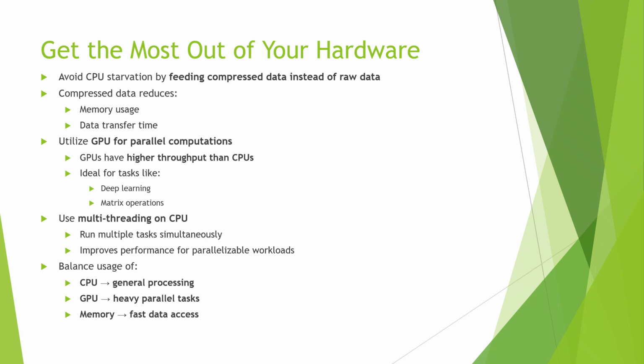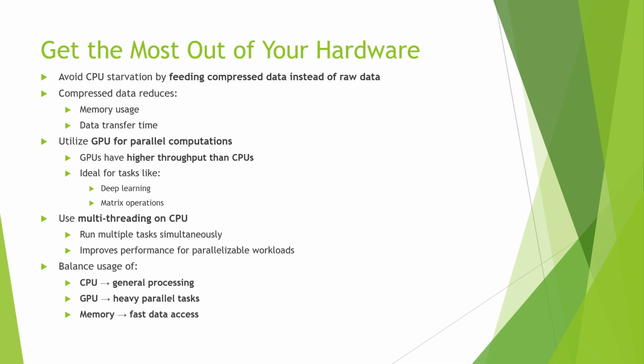Efficient utilization of hardware resources is essential for improving performance when working with large datasets. One important strategy is to avoid CPU starvation by providing compressed data instead of raw data, as compressed data reduces memory usage and minimizes data transfer time, allowing the GPU to process information more efficiently. Additionally, GPUs can be used for parallel computations as they offer significantly higher throughput compared to CPUs and are particularly suitable for tasks such as deep learning and large-scale matrix operations.